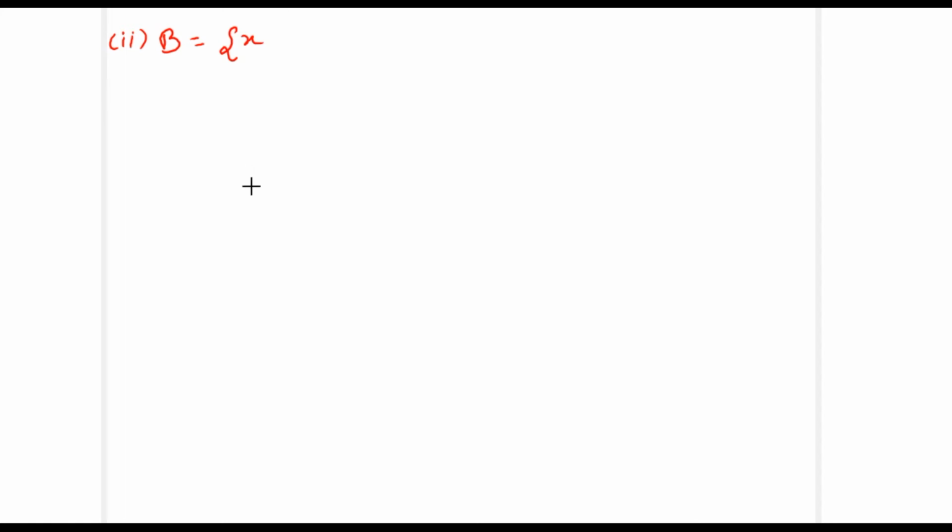First of all, let me write it. B equals x such that x is an element of N, capital N meaning natural numbers, having the property 3x minus 6 less than 9. So how are you going to read it?